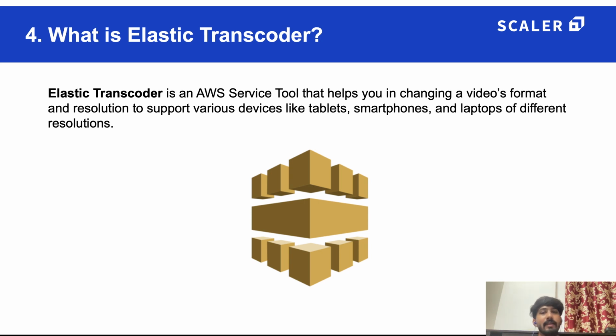If you are creating a web page for the desktop and you upload a video, and you try to open that website on your mobile, sometimes the resolution wouldn't match, it would be kind of jumbled, it wouldn't be working properly. So you would be able to solve that using Elastic Transcoder. So that's basically this particular tool.